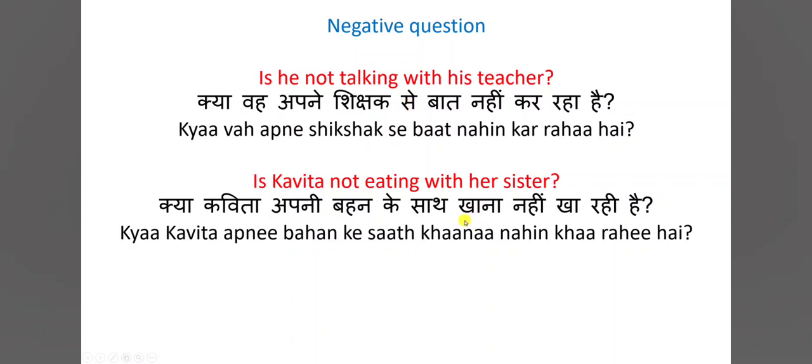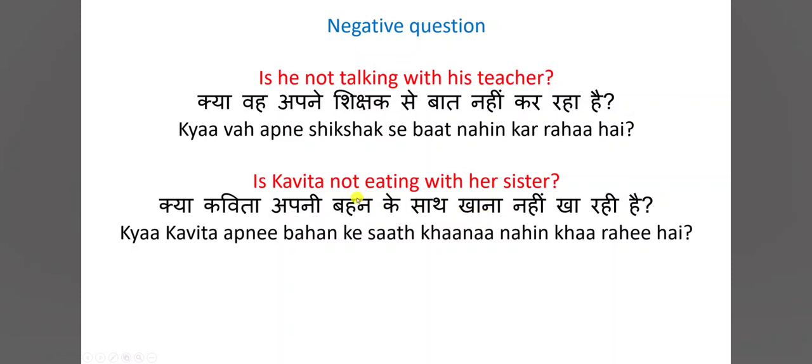All right, khana is food, kha is eat, rahi is ing, hai is. Now here khana is food, which is not in the English sentence. Sometimes some extra words get in Hindi sentences to give it full meaning.